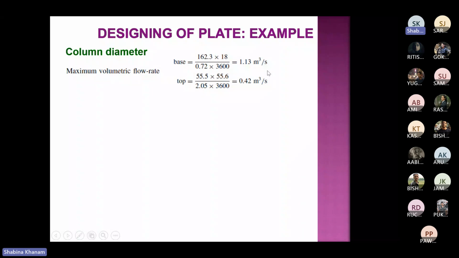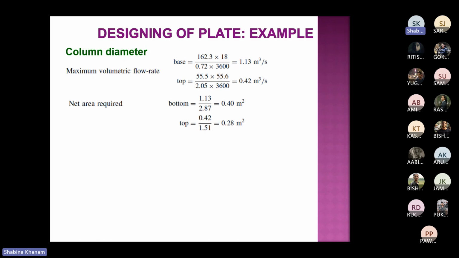Because the flooding condition decides the upper limit of the vapor velocity, we need to consider the upper flow rate of vapor. Therefore maximum is considered over here. Otherwise, we would need to consider 70% of this, which we will not consider here, to have the maximum volumetric flow rate, right?